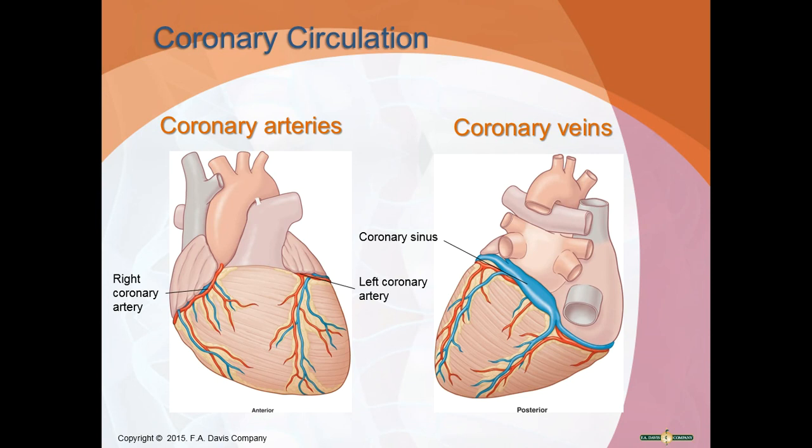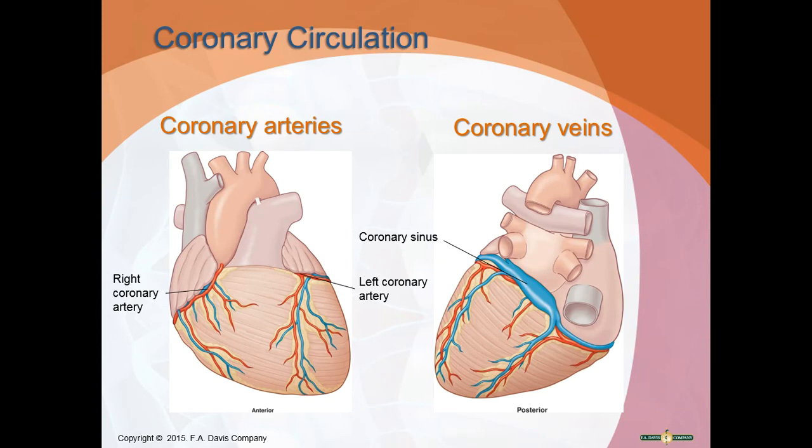The first thing that comes out of the aorta are the coronary arteries, so the freshest blood goes to feed the heart itself. So the heart has its own vascular system called coronary circulation to keep it supplied with oxygenated blood.